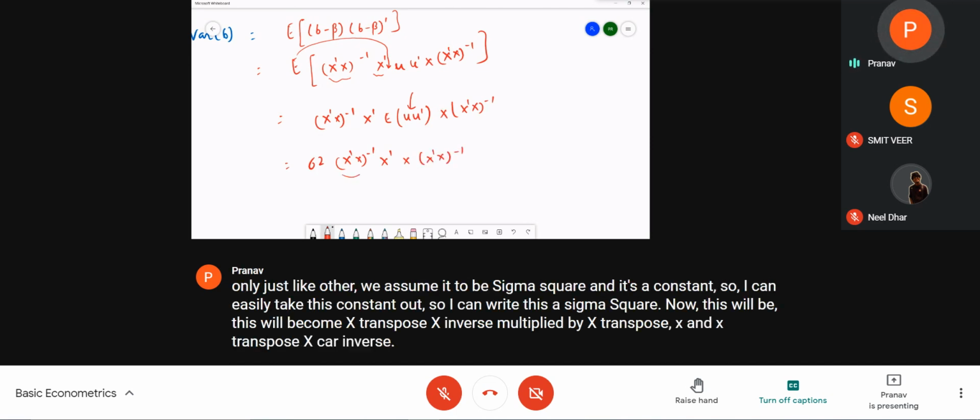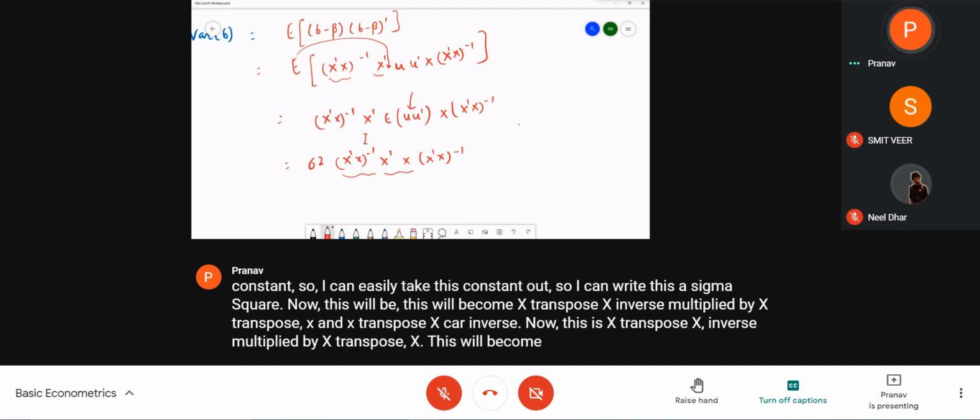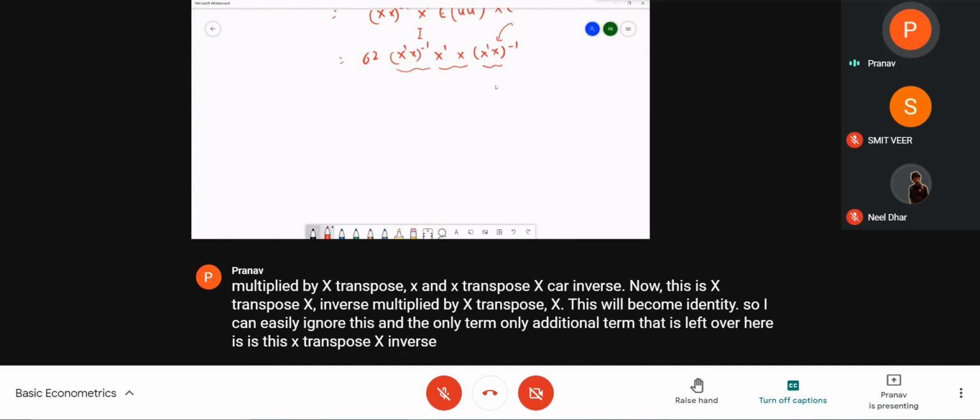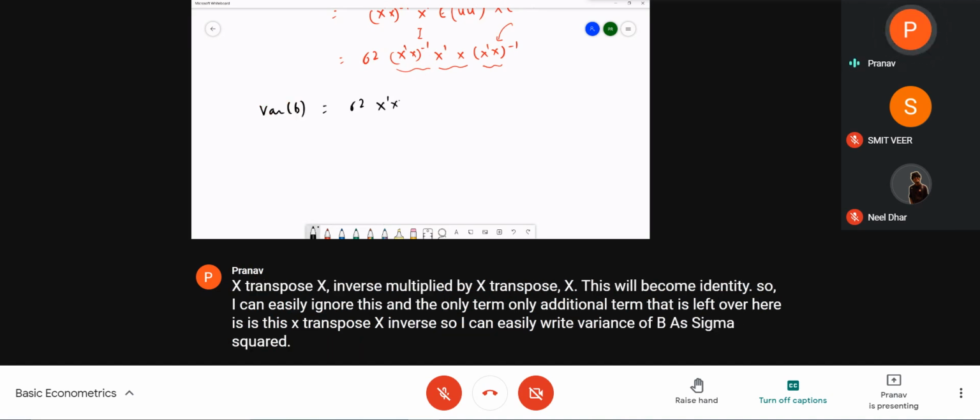Now this is X transpose X inverse multiplied by X transpose X. This will become identity, so I can easily ignore this. And the only additional term that is left over here is this X transpose X inverse. So I can easily write variance of B as sigma square X transpose X inverse.